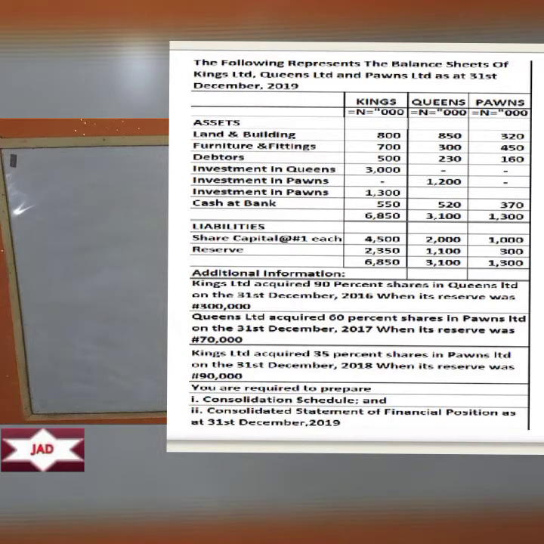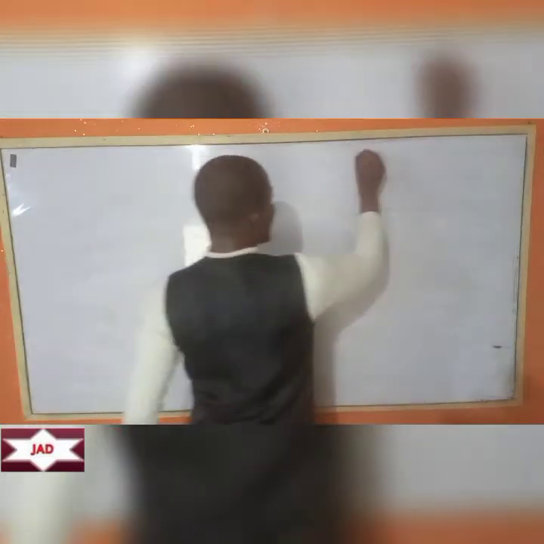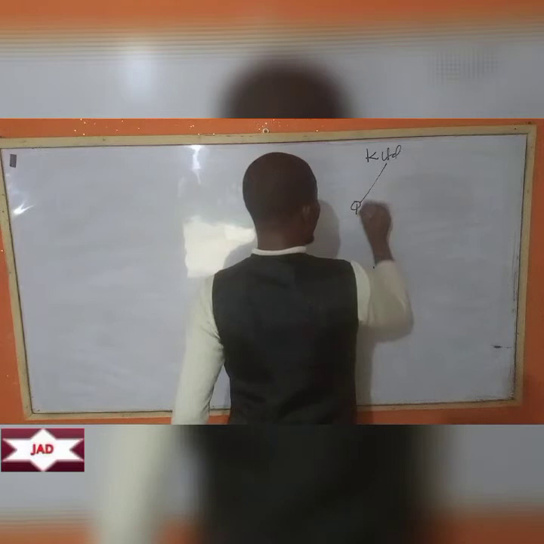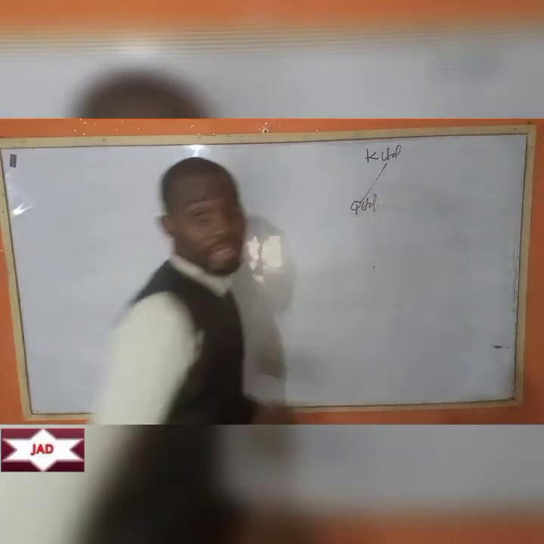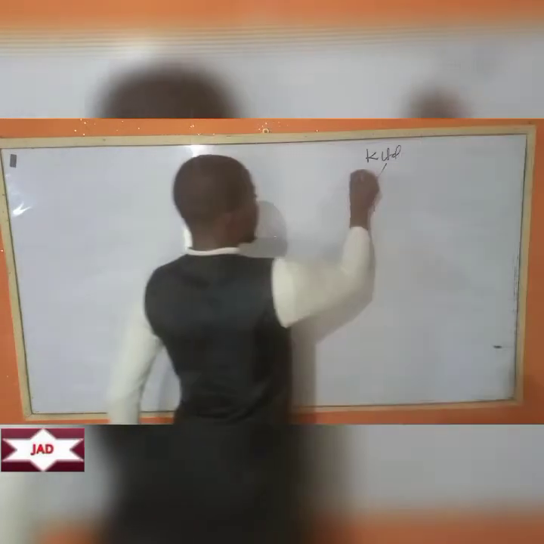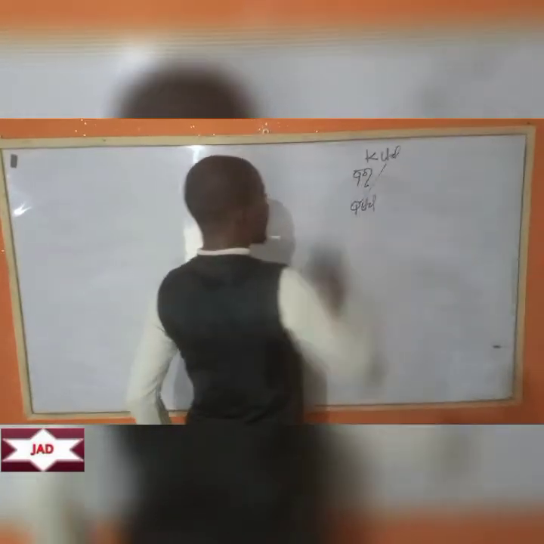So let's take this structure. Kings Limited in Queens Limited. They say Kings acquired 90%, so we have 90% in Queens.